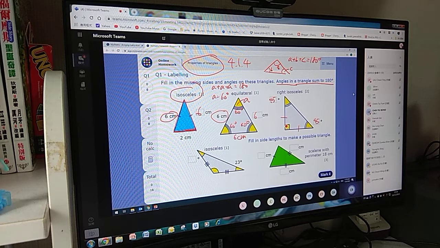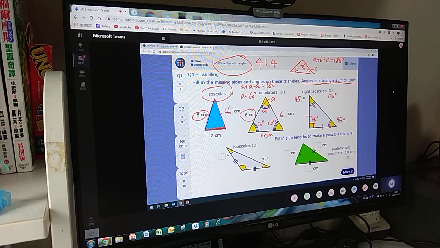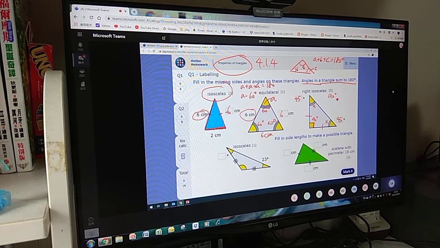For this one, this is the right angle. What is the right angle? Right angle is 90 degrees. Okay, so 90 degrees, and then for the characteristic of the isosceles triangle, the 2 remaining angles are the same. So 90 degrees plus S plus S will be equal to 180.